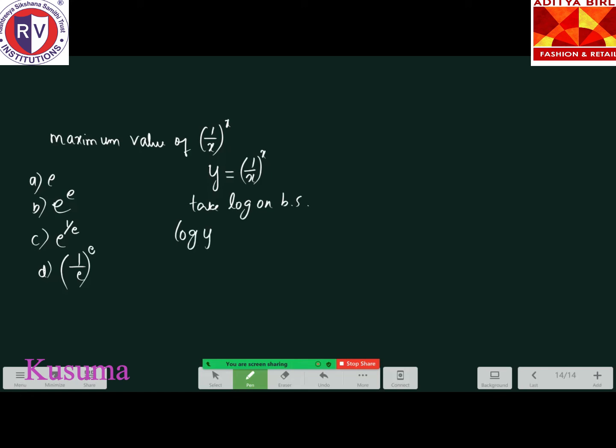LHS will be log y, which is equal to x into log of 1 by x, or this can be written as x log x to the power of minus 1 anta barkoboda 1 by x na. Yes, ma'am. Okay, so x to the power of minus 1 irodinda I can write this equation as minus x log x. Hege?